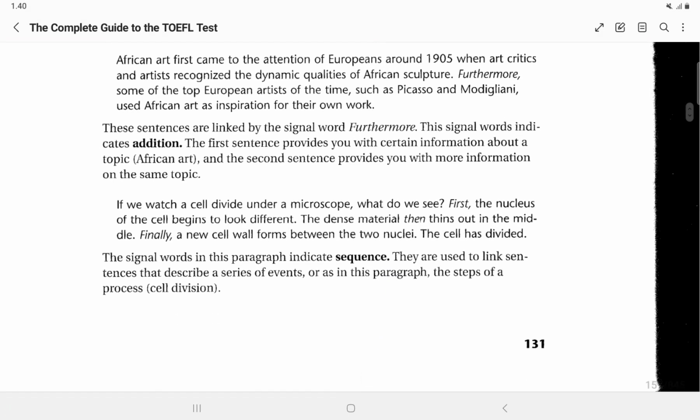Next, African art first came to the attention of Europeans around 1905 when art critics and artists recognized the dynamic qualities of African sculpture.